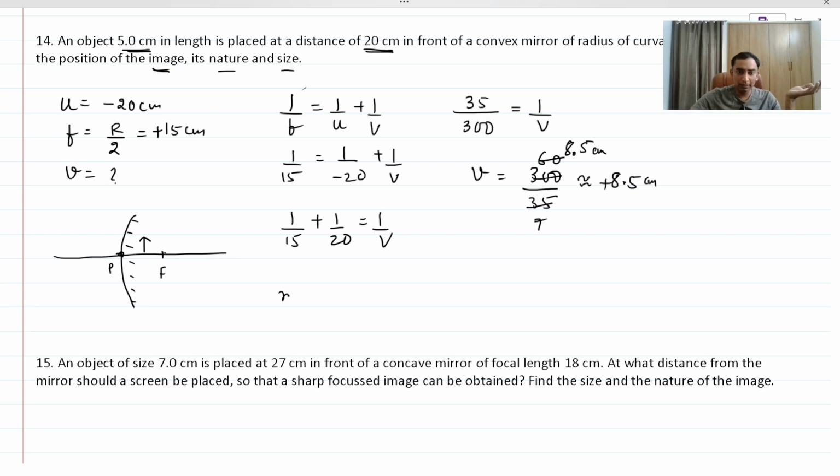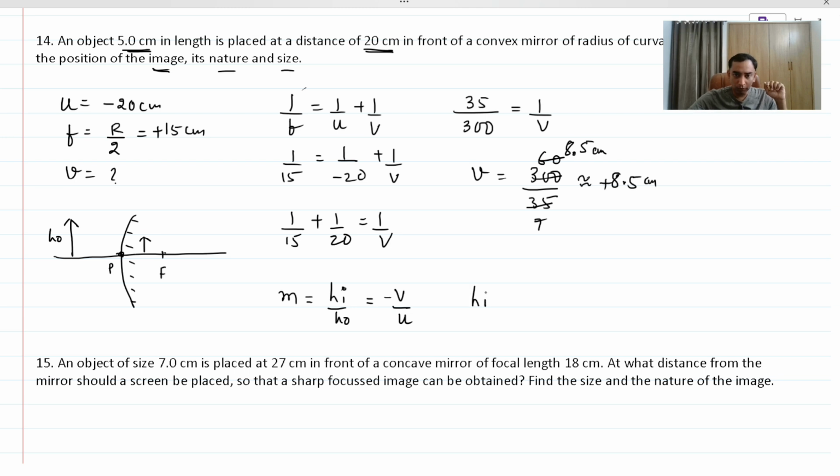Size, so basically magnification is hi upon ho, correct, and that is equal to minus v by u. Now using the sign conventions, the height of the object is always positive because it is above the principal axis.